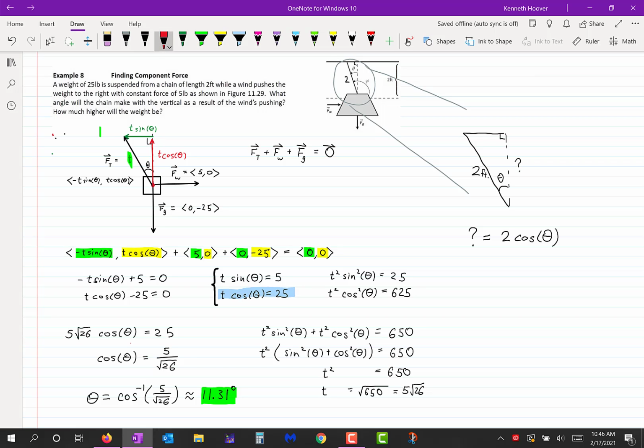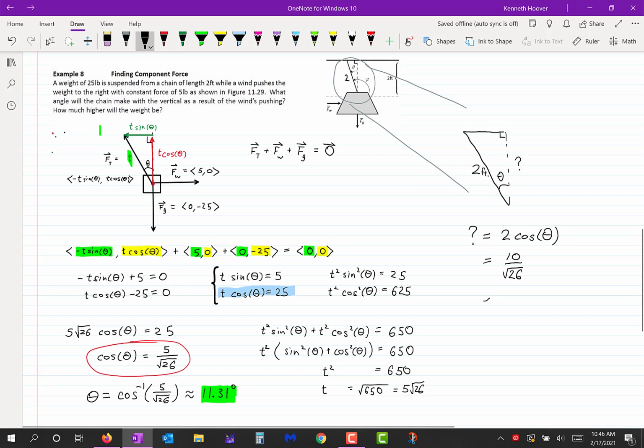Look here, there's cosine theta, 5 over root 26. So that's going to equal 10 over root 26, and that is about 1.96. And that's in feet because the 2 that I got was measured in feet. So that's about 1.96 feet.